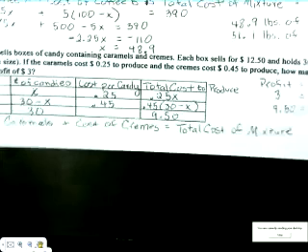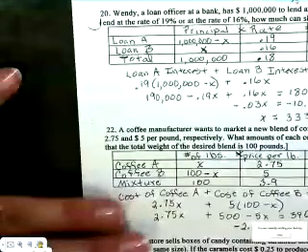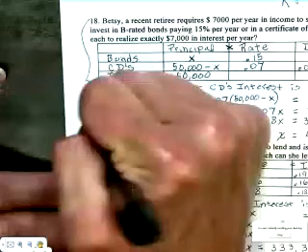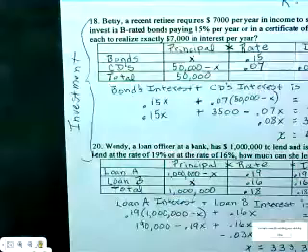So number 18 and 20, you can call those, where is it? Right there. You can call those investment problems if you're looking for a name for them. But really, investment problems are mixture problems. You're just mixing dollars instead of mixing candies. 22 and 24, you could call those mixture problems.